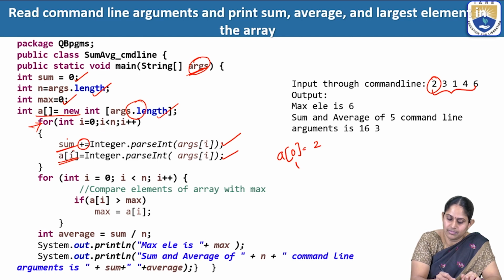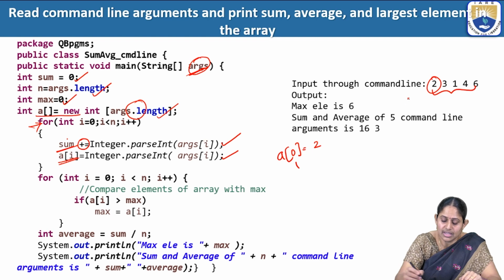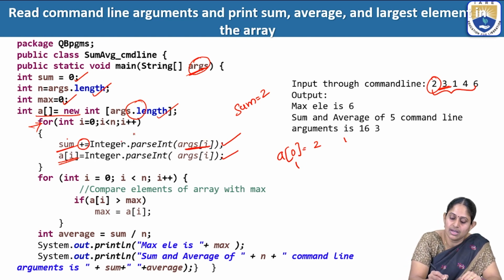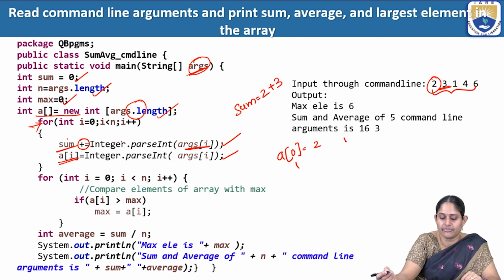The next element will be taken, which is args of 1. So sum is 2, and the next element received is 3. 3 will be taken and converted into integer, and then added to sum. So the sum will be 5.